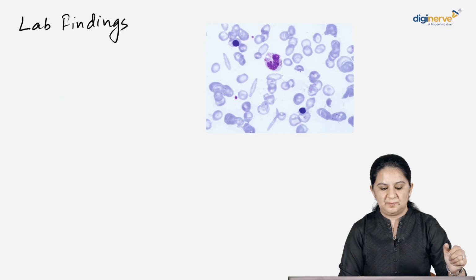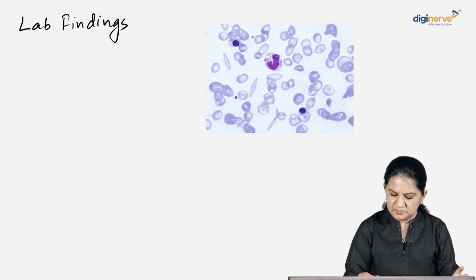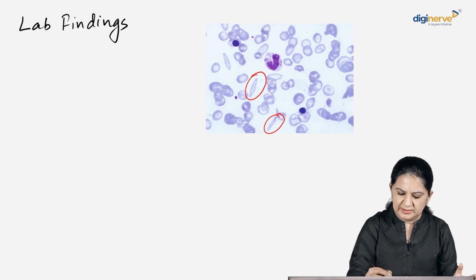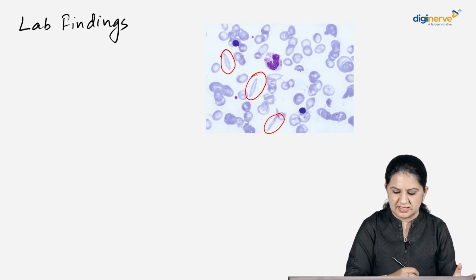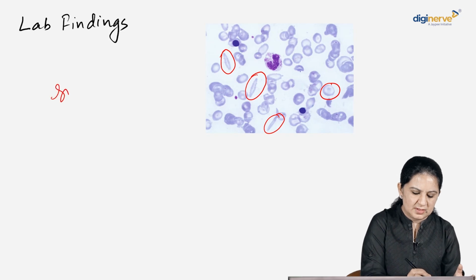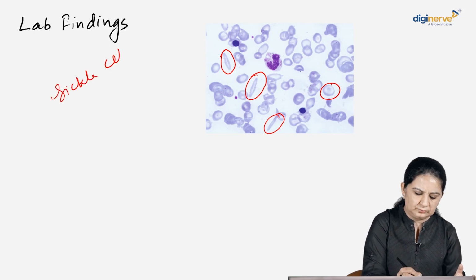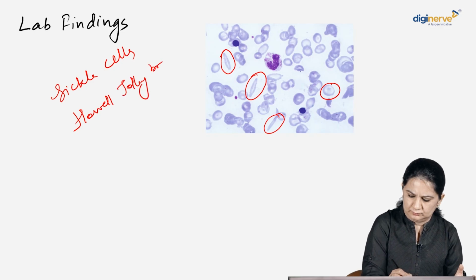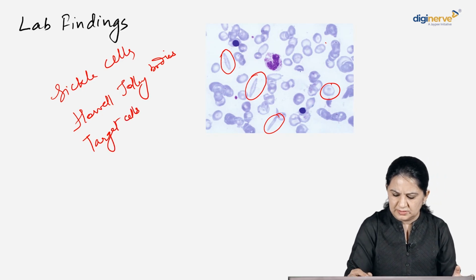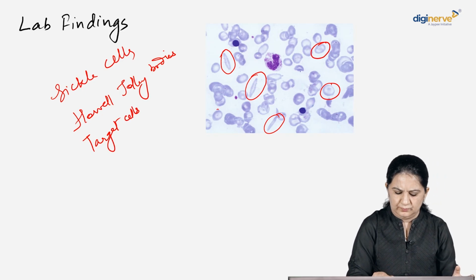Now what will you see in the peripheral blood smear? You will see moderate to severe anemia plus these crescentic sickle cells. You can also see Howell-Jolly bodies and, important, target cells.